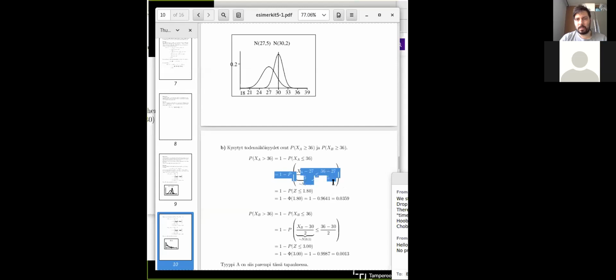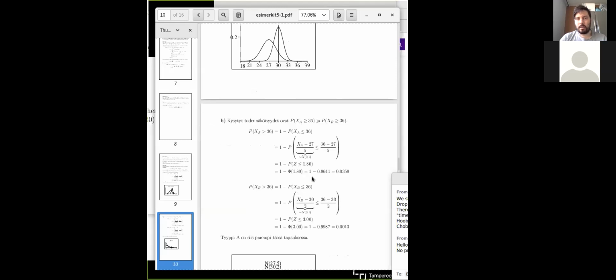We normalize here the same way. We get Z smaller than 1.8, and calculating that, it comes down at 0.0359. So it's got just over a 3.5% chance of lasting for 36 months. But for B, it gets even worse.